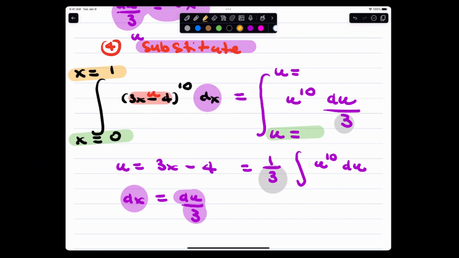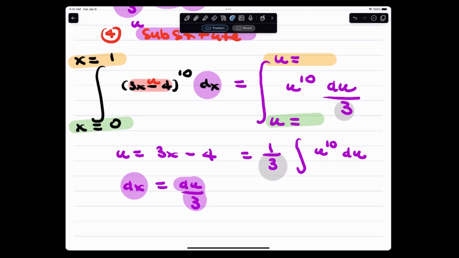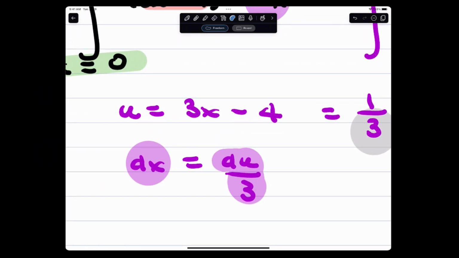X to u. So how do I do that? Do you guys know? How do you think I really do that? How can I get a u value if I know x is 0 and x is 1? You know what I do? I go right here.